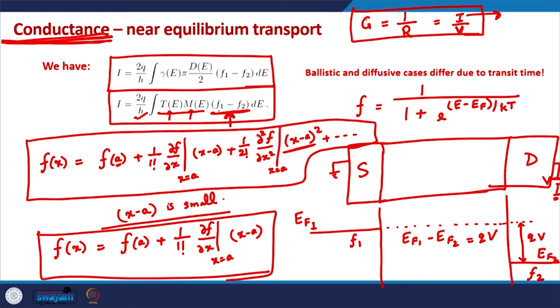Okay. So, in the case of near equilibrium transport, this EF1 and EF2 are close to each other because the applied voltage is not too much, it is less.